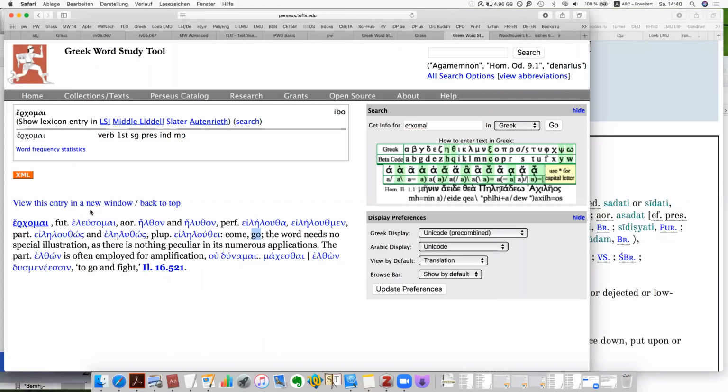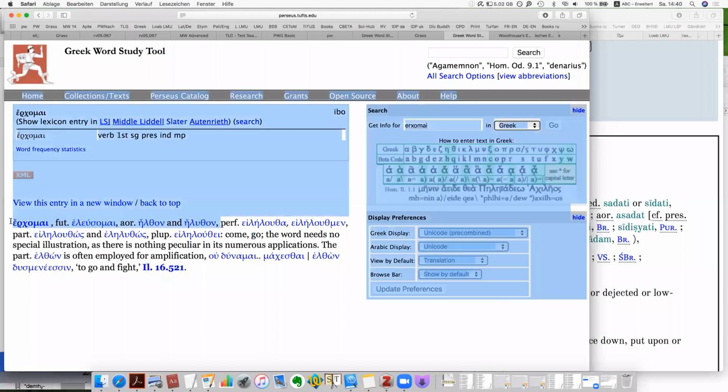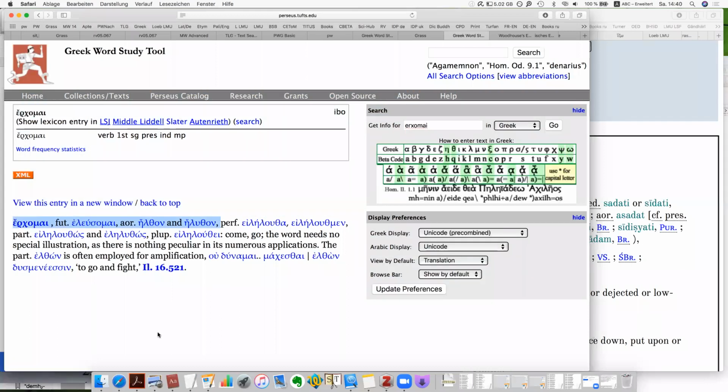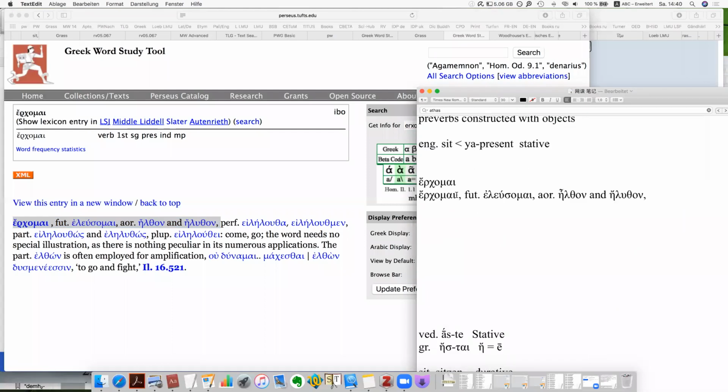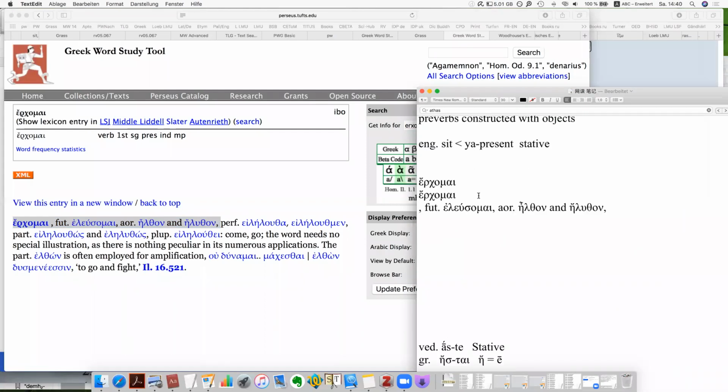And this verb has suppletion. So this is present, right? And then we have a future, and the aorist is here.